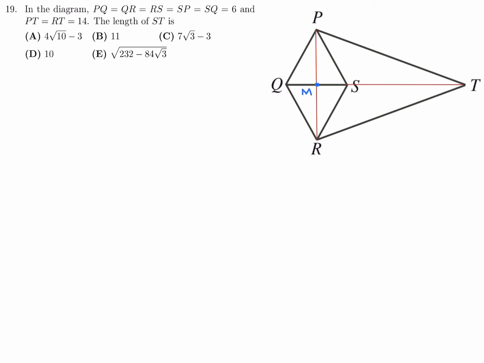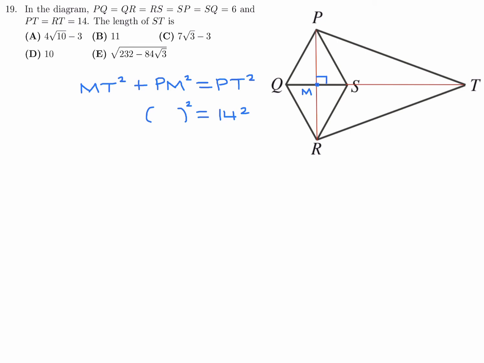So first and foremost, I can notice that this is going to be a right angle. So I've got a Pythagorean relationship that MT squared plus PM squared is equal to PT squared. Now PT, they told me, is 14. PM, I don't know yet, but I can pretty much figure that out.